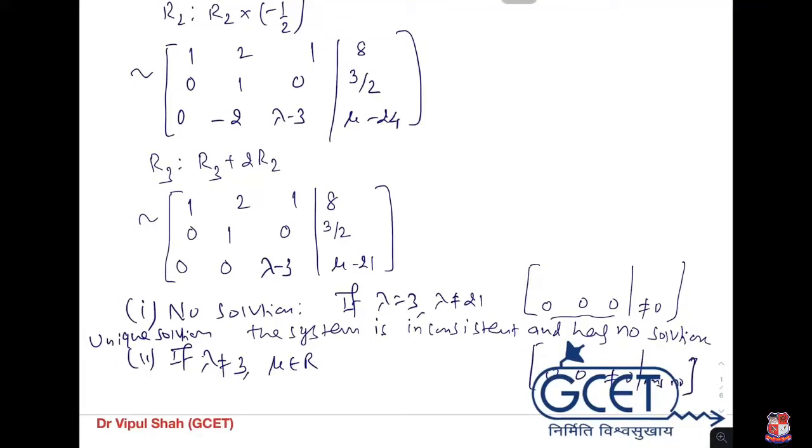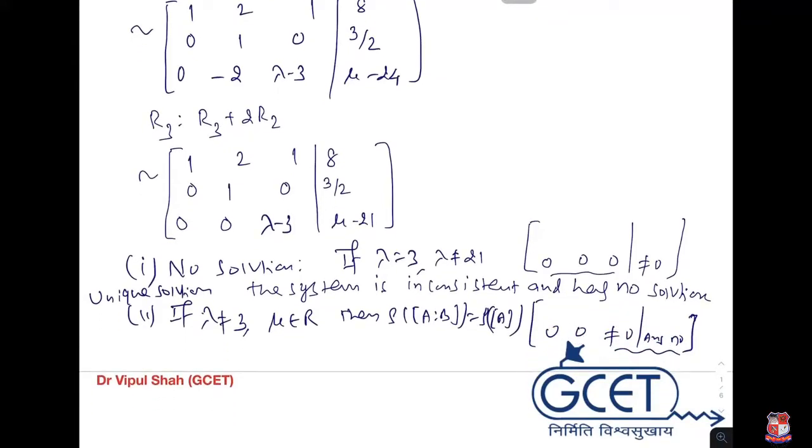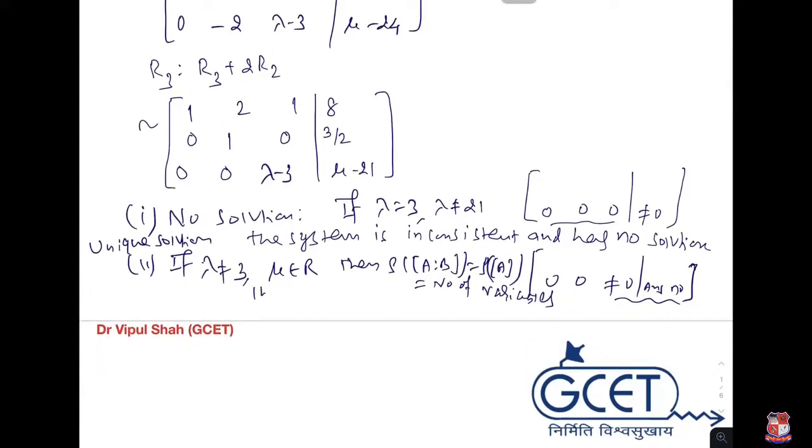So no problem. So we are having unique solution, because then rank of AB equal to rank of A, and that is equal to the number of unknowns, number of variables. So the system has unique solution.